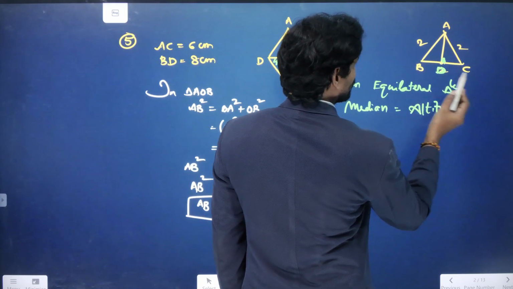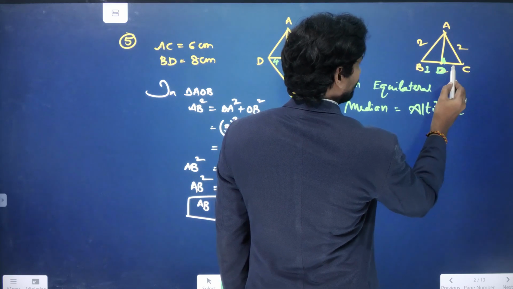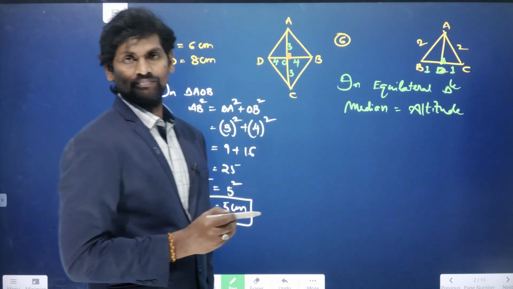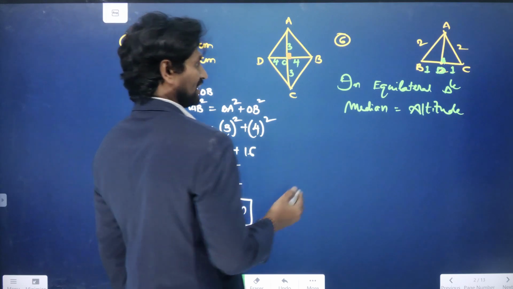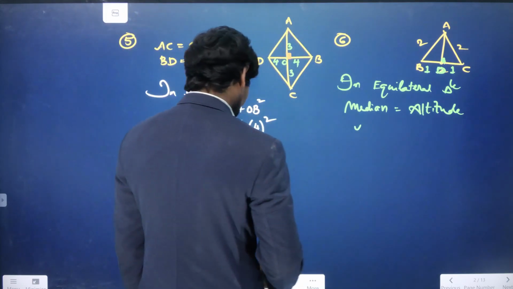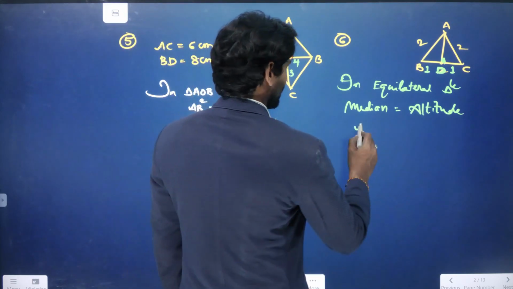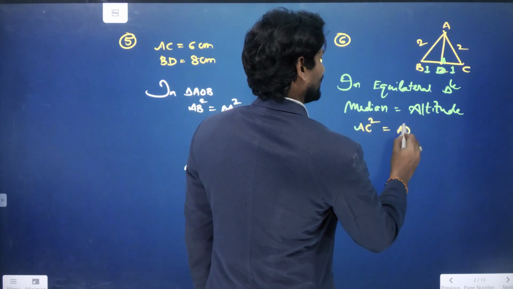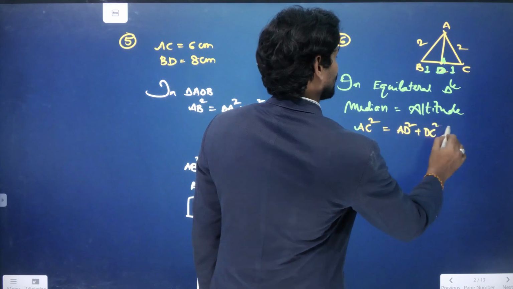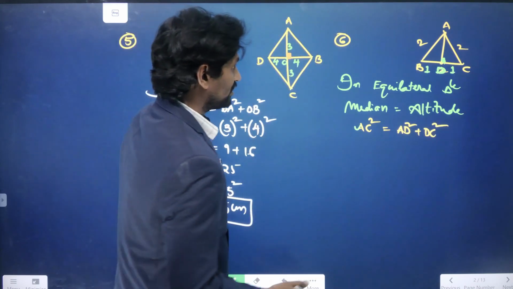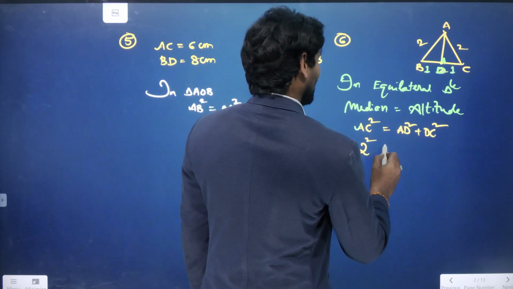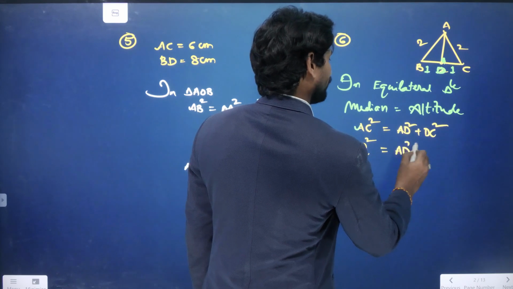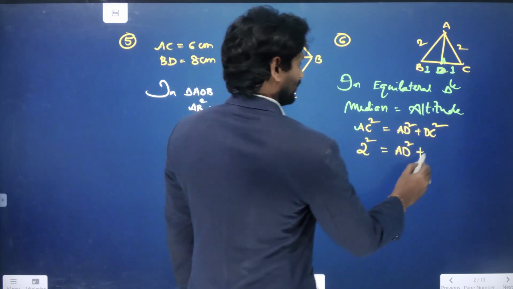So the BC side is 2 centimeters, so BD will be 1 centimeter and DC will be 1 centimeter. Now apply the Pythagoras theorem. Hypotenuse square, here AC square, equals AD square plus DC square. AC value is 2 square, AD is the median that we need to find, DC value is 1 square.